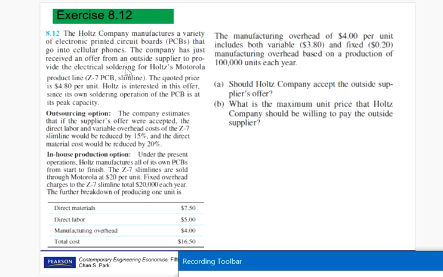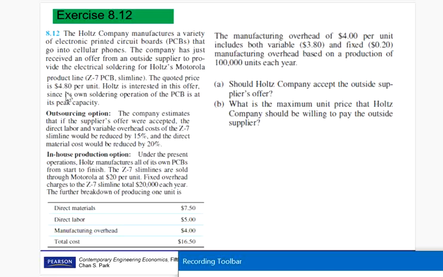Now instead of doing this function yourself, you receive an offer from someone at 4.80 per unit. They say, okay, we'll do this function for you as an outside supplier, at this price. So the soldering operation from outside, you will get at 4.80. Should you accept or reject?